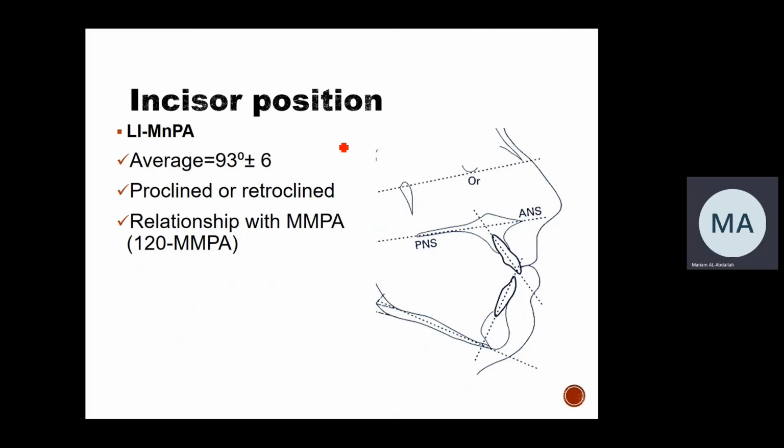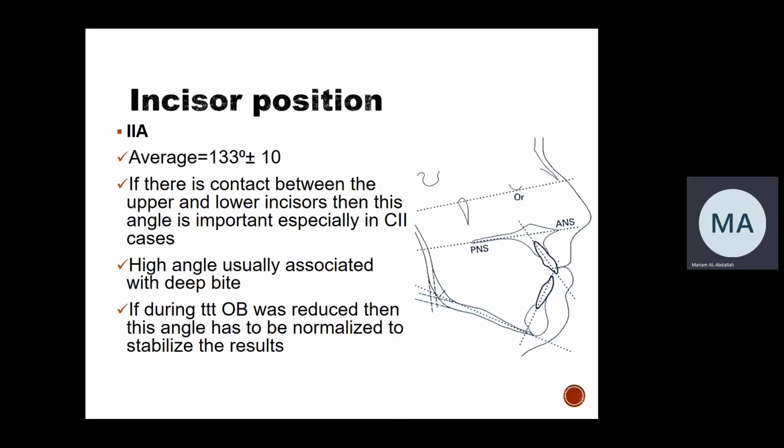Sometimes we look at the relationship between the lower incisal orientation and the maxillomandibular plane angle using this formula that we used for Pollard's conversion: 120 take away the maxillomandibular plane angle. This should equal the normal lower incisal inclination for that specific patient. So there are two ways to look at the normal for a specific patient.